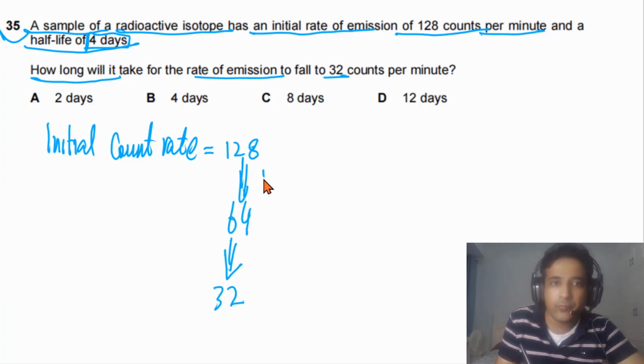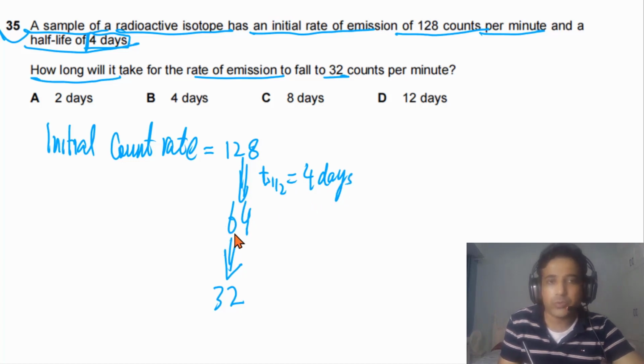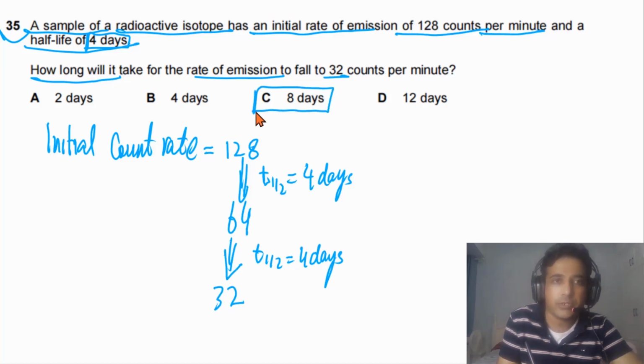We have one half-life here, t1/2, and the time taken will be equal to 4 days. After 4 days, the count rate will be 64 counts per minute, and after another 4 days, this will decrease to 32. So the time taken is 4 plus 4, which is equal to 8.